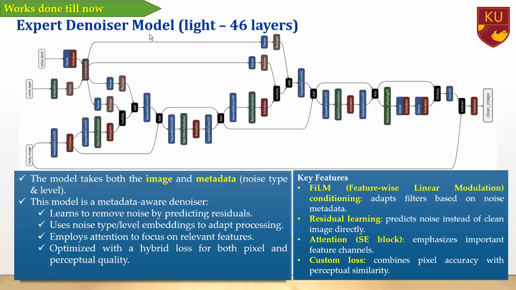So this is the comparative study of deep learning. We have compared a total of 5 models: need light, need deep, then FFDNet, DRUNet, and Noise2Noise.